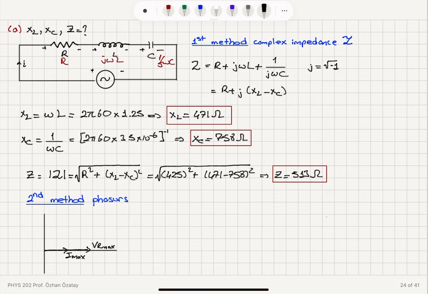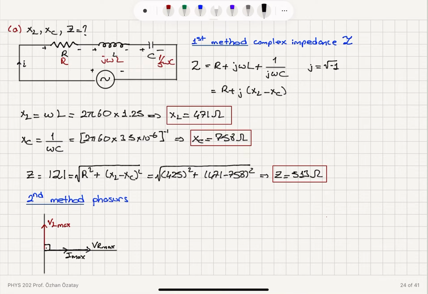The current flowing through the resistor, inductor, and capacitor is the same. For the inductor, because the voltage leads current by pi over 2, or current lags voltage by pi over 2, I'm going to put the voltage phasor here, and it's going to have a magnitude VL max. So this is my angle pi over 2.